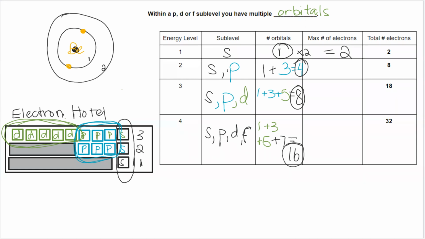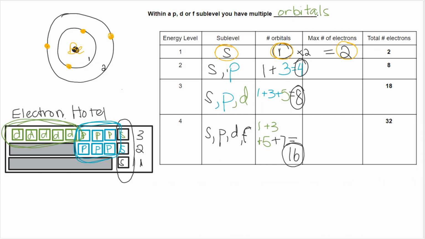So we have to put electrons 3 and 4 in the second energy level because that first one's already filled with 2 electrons. And that goes back to the fact that we can only have one s orbital, and that one orbital can only hold 2 electrons. So it all goes back to this idea of electron organization.